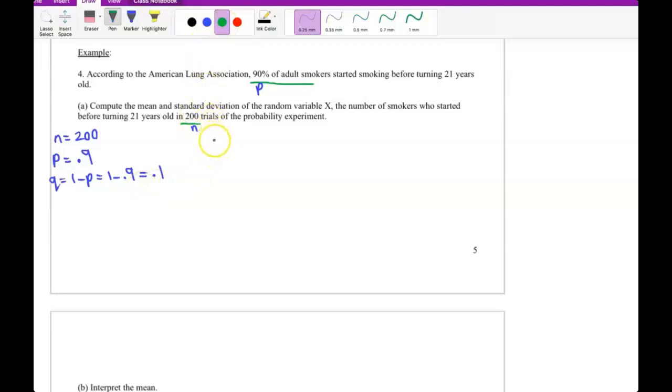Now finding the mean is equal to n times probability of success. So n is 200 times p is 90%. So the answer for this part is 180 smokers.